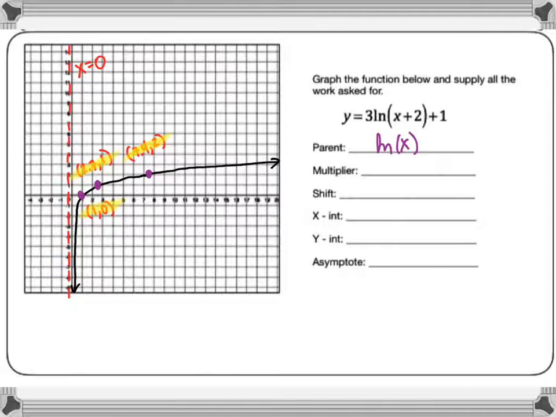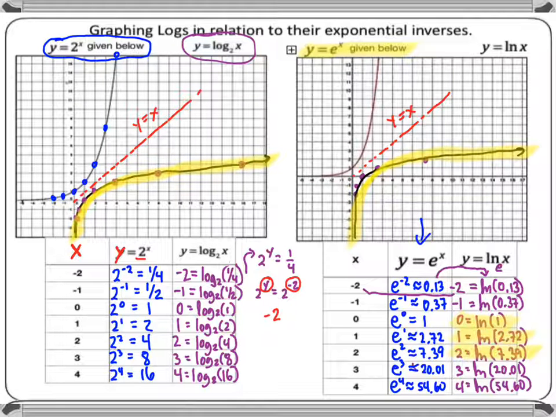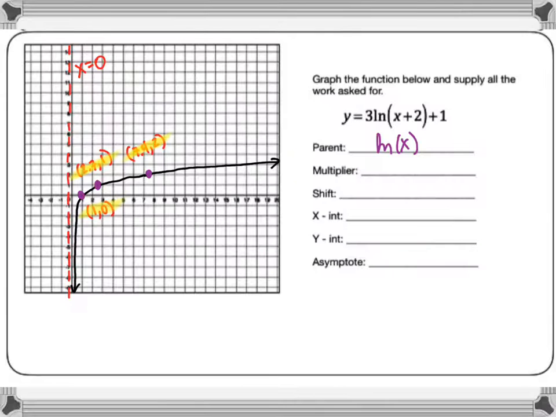To show you the inverse relationship, we know that exponentials have a horizontal asymptote at y equals 0, so it makes sense that our logarithmic inverses are going to have an asymptote at x equals 0. We want to put that down first because we're going to be shifting that around just like we shifted around the exponential stuff.